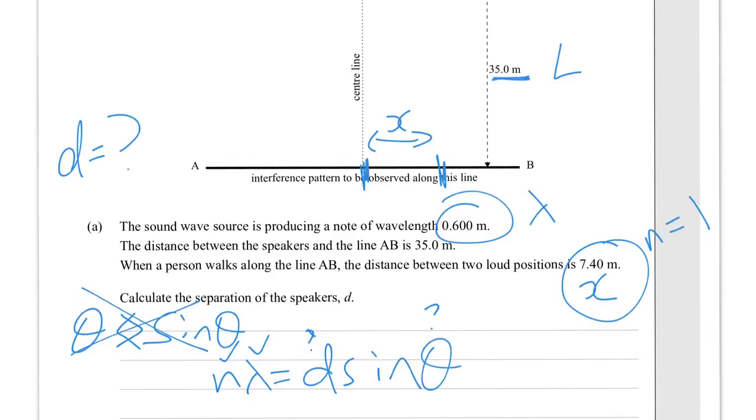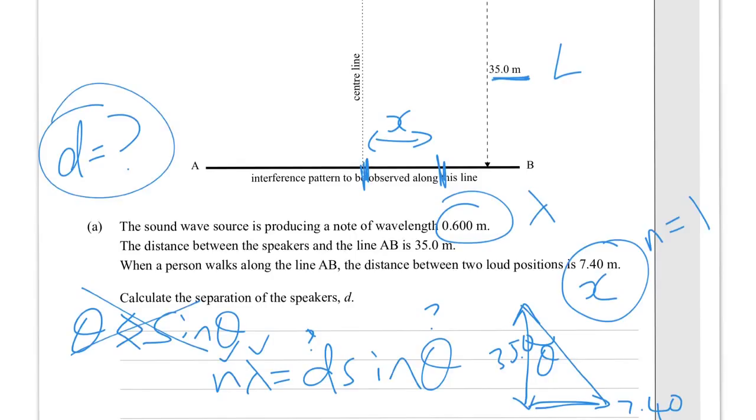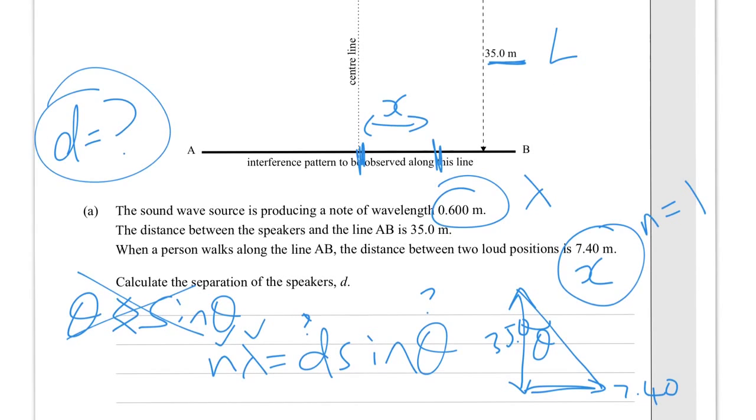We've got our distance L is 35.0 metres, because significant figures are all important here, and our distance X of 7.40 metres. So we can calculate our angle theta from that triangle, plug it into that equation and rearrange for d, and you'll get d from that. I'm not going to go through that. You can work through the details in your own time.